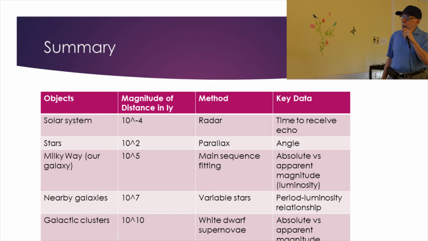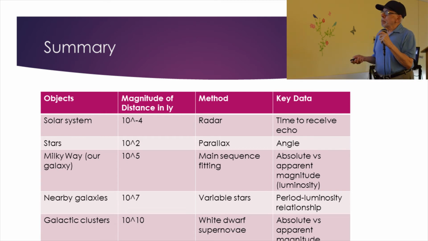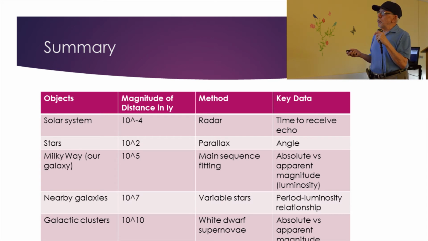So in summary, objects in the solar system, distances to those objects can be found using radar, measuring the time to receive an echo. Stars in our galaxy by parallax, measuring the angle. Stars in the Milky Way that are too far away for parallax, we can use main sequence fitting, absolute versus apparent magnitude.